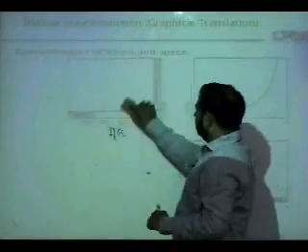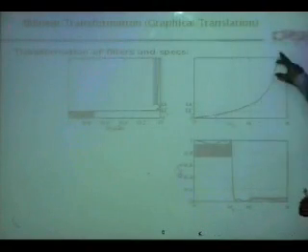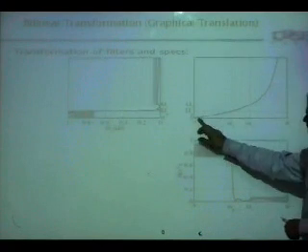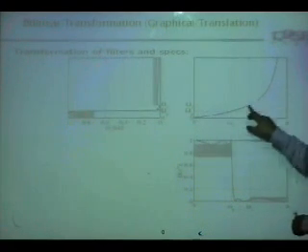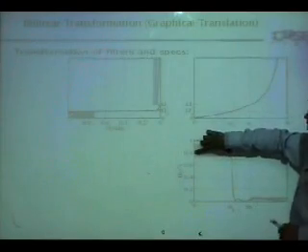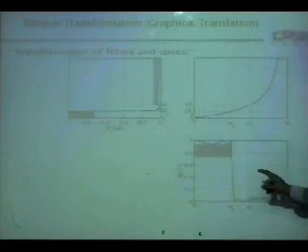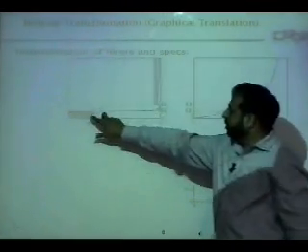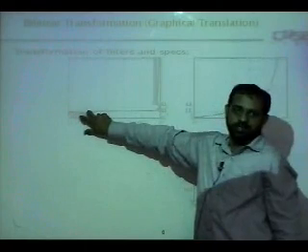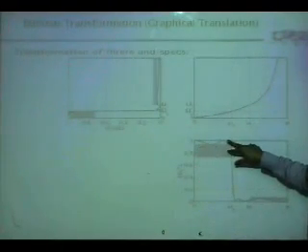This is a very good figure which shows you the effect of this curve. Because of the slope, this portion will look bigger here, or this portion will be compressed.